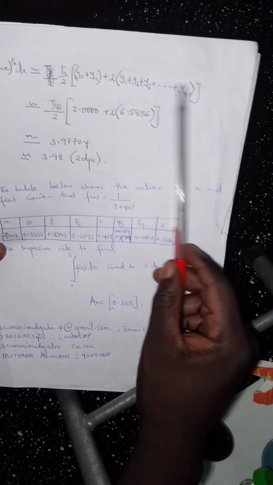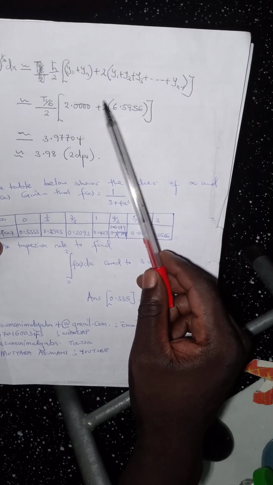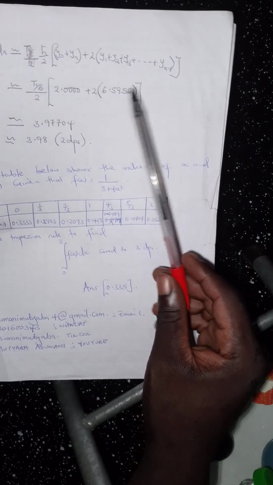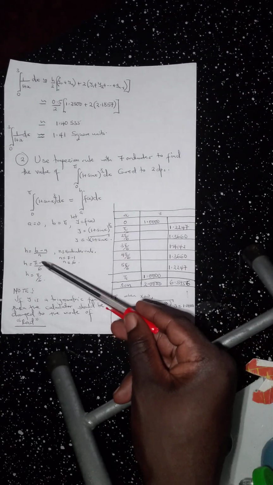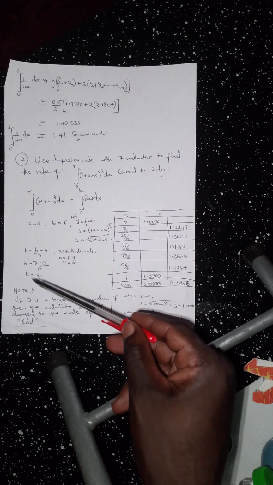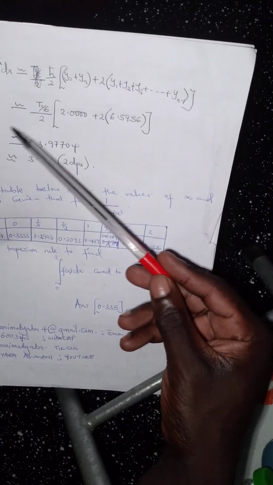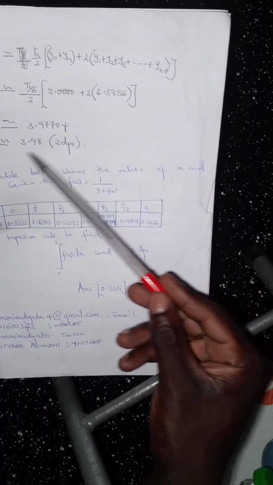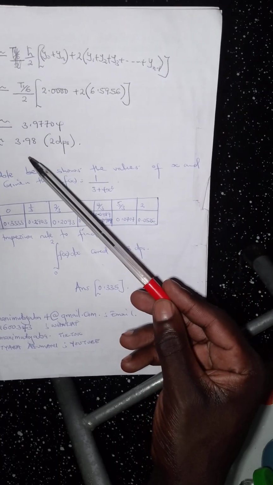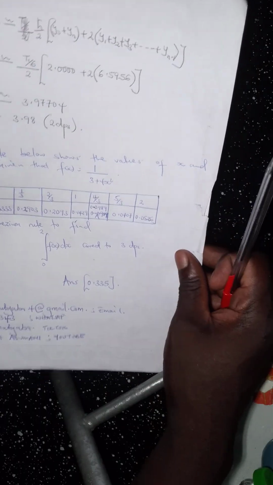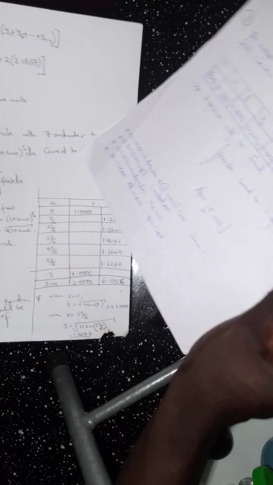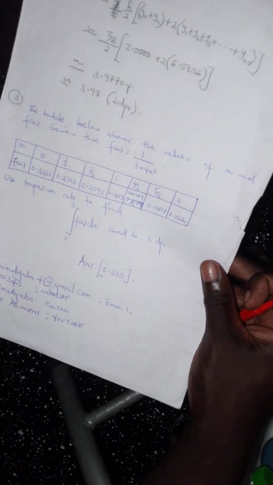Then all of the other y values, we multiply them by 2, and we shall have that. So if you work out where there is h, we put there our value of h, which is pi over 6. So if you substitute all that in the formula, you will definitely have your final answer as 3.98. We are putting 2 decimal places because the question wanted the final answer to 2 decimal places.